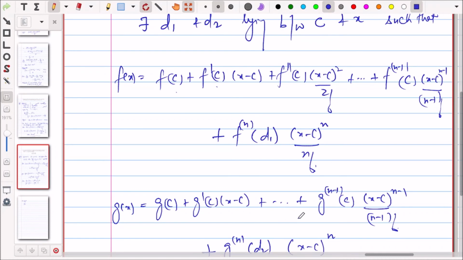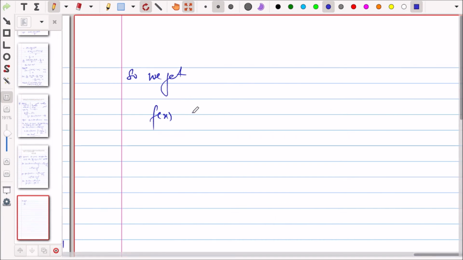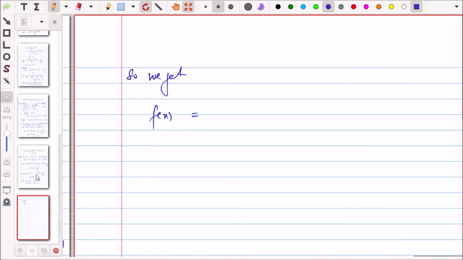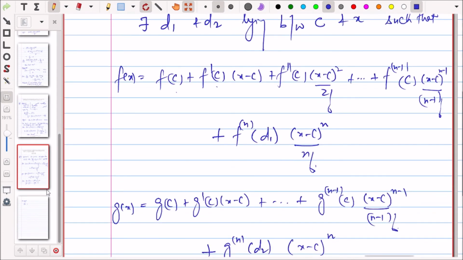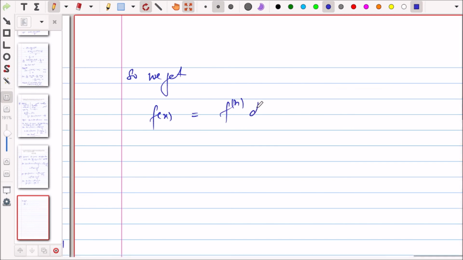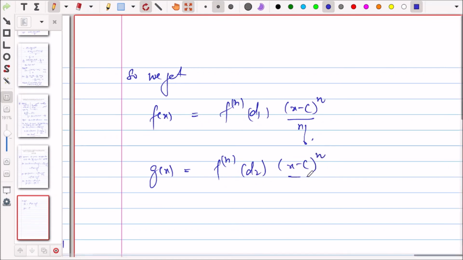And again here all these terms are 0, so we will be left with the remainder. So f(x) is equal to f^(n)(d1) (x minus c) to the power n by n factorial, and g(x) is equal to g^(n)(d2) (x minus c) to the power n by n factorial.